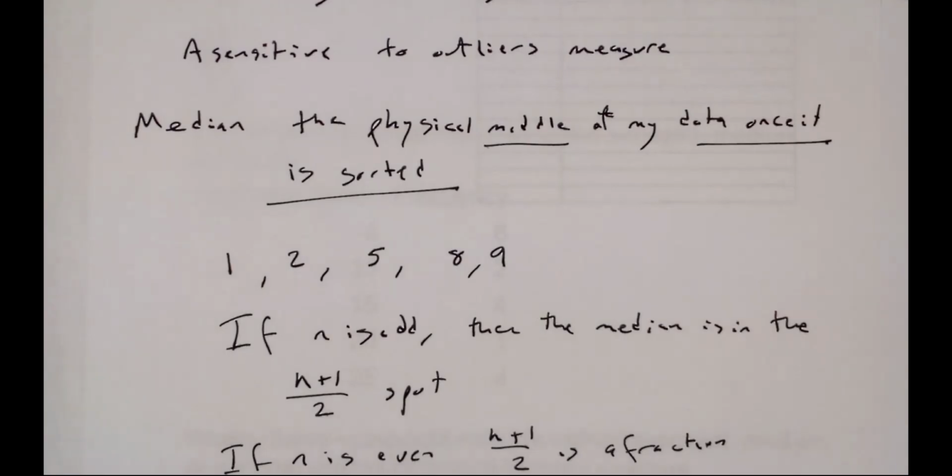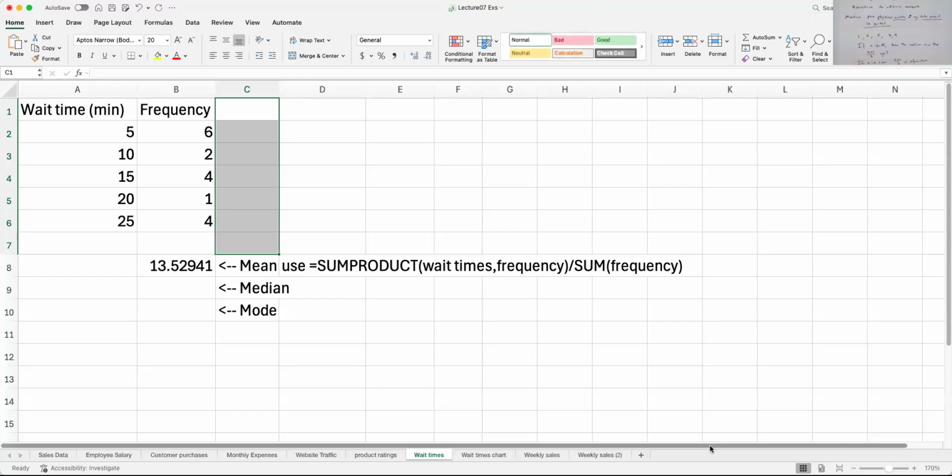I know what spot it's in, right? The median is in this spot. How many numbers are there in this list? Add 1, I get 18. Divide by 2, I get spot number 9, right?